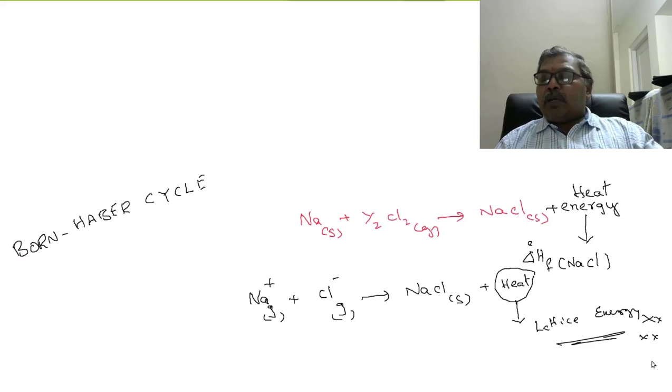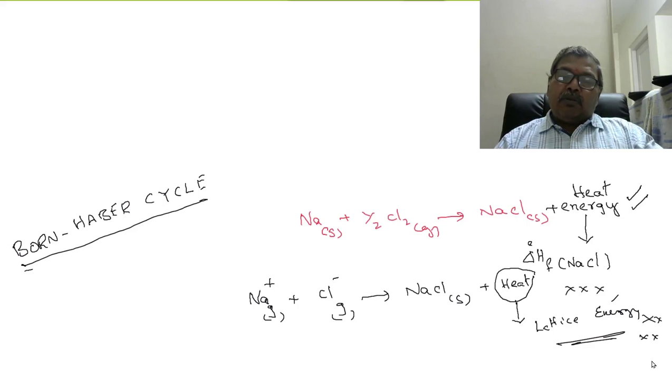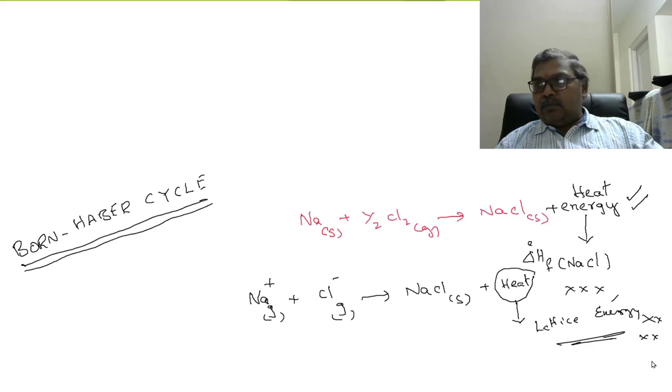It is not possible to measure because we do not have Na plus ions and Cl minus ions in the laboratory. We have sodium metal and chlorine gas. Therefore, enthalpy of formation can be determined experimentally, but lattice energy cannot be determined from experiments. It can be determined by using the Born-Haber cycle.